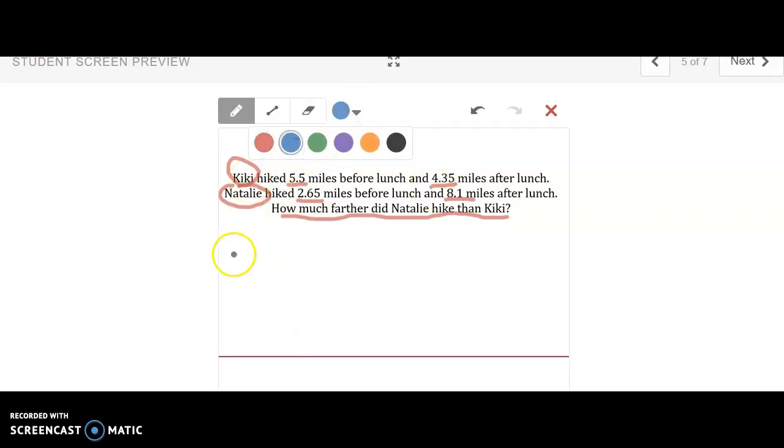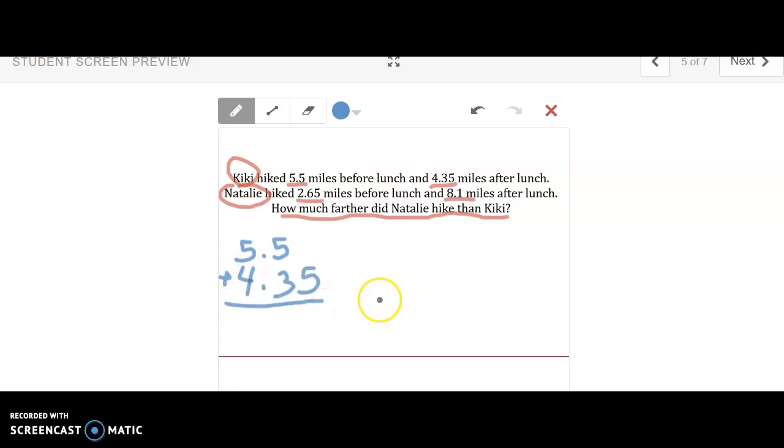So let's see here. Kiki is going to go 5 5/10 before lunch, and I'm noticing I'm lining everything up so that my place values are all in the same line.